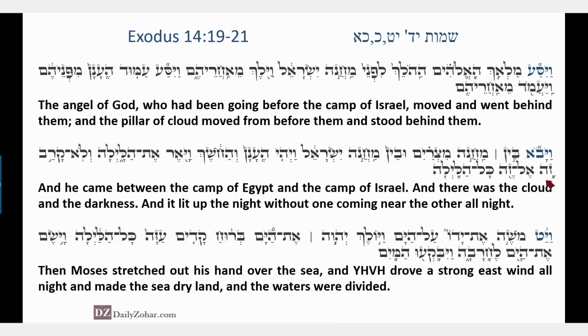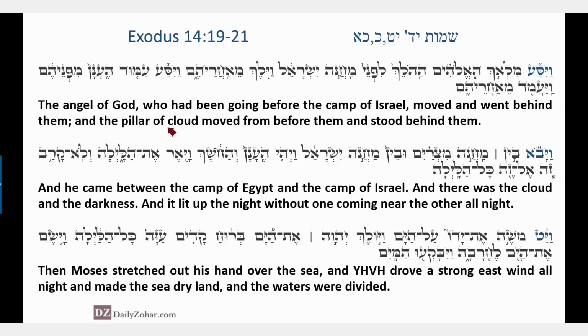And these verses come just before the splitting of the Red Sea and before Israel crossing the Red Sea. Now, just verses before that, the Egyptians that were chasing the Israelites came close, and the first verse says that the angel of God, who had been going before the camp of Israel, moved and went behind them, and the pillar of cloud moved from before them and stood behind them.